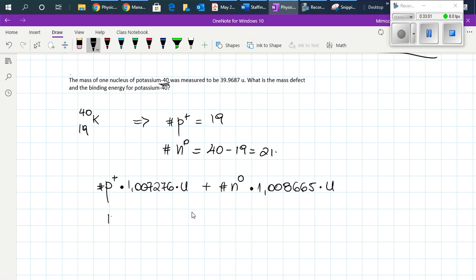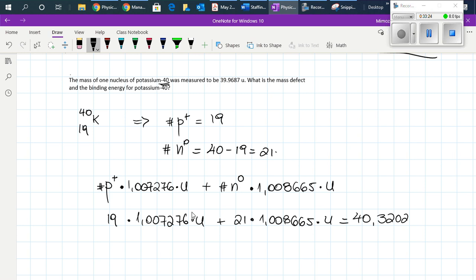In our case the number of protons is 19, so 19 times 1.00726 U plus 21 times 1.008665 U equals 40.320209 U. So this is the theoretical mass.